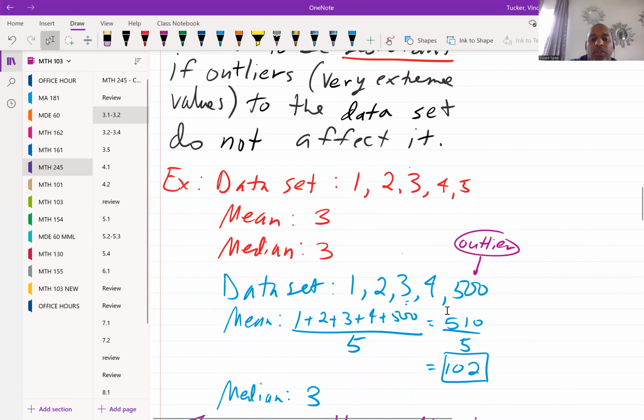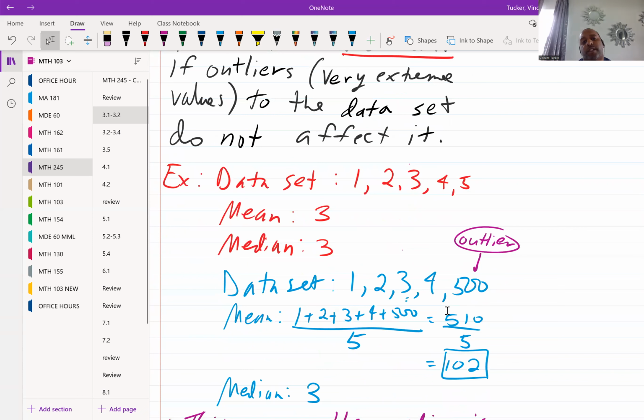All right. So looking at the first data set, we've already gone through it. If our data set was 1, 2, 3, 4, 5, our mean would be 3. That's when you add up the data values and divide by 5. And then our middle value would be 3 as well. So now if we change the data set and make it 1, 2, 3, 4, 500, 500 will be considered an outlier compared to the rest of the data.